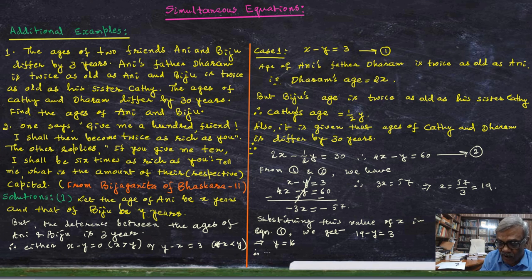And therefore, Ani's age is 19 years and Biju's age is 16 years. That clearly shows that Ani is older than Biju.